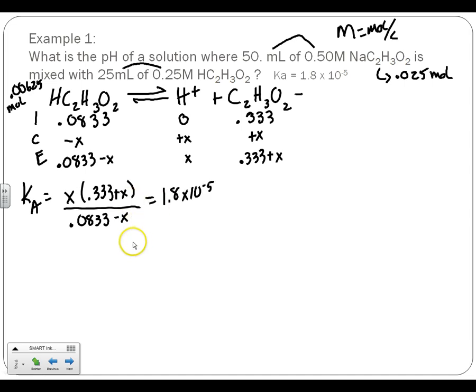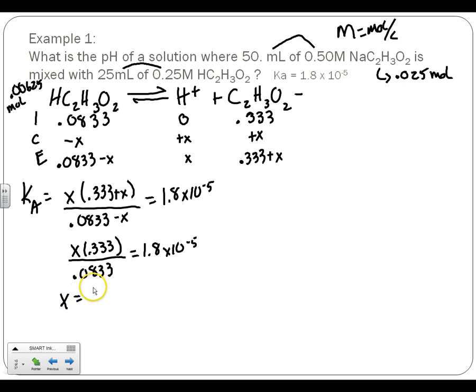Apply the same shortcut that says our change is negligible, so we can clean this equation up and make our math a whole lot easier. Really I should check myself by figuring out percent dissociation, but the majority of exams do not give you funky exceptions that go beyond that, so I wouldn't worry too much about it.